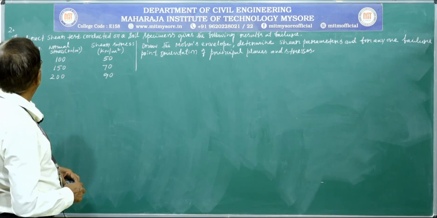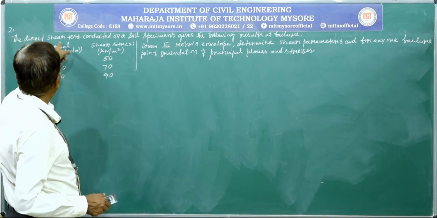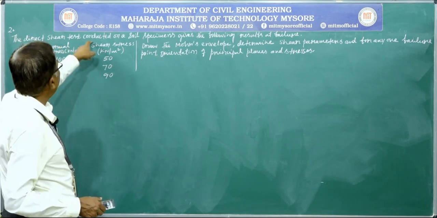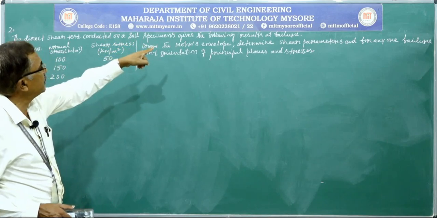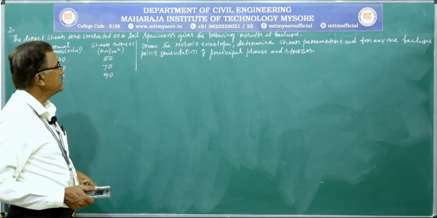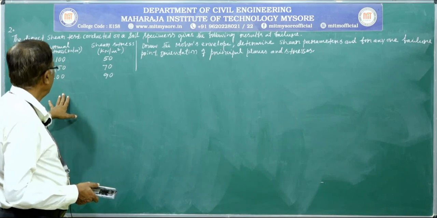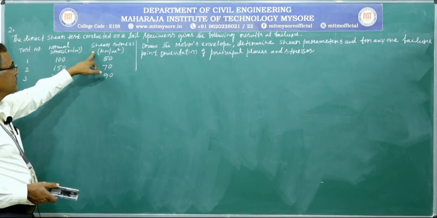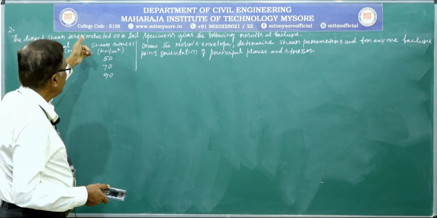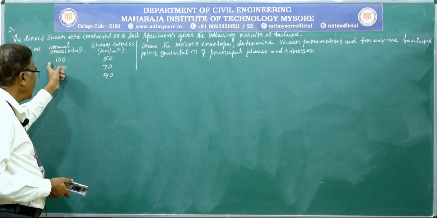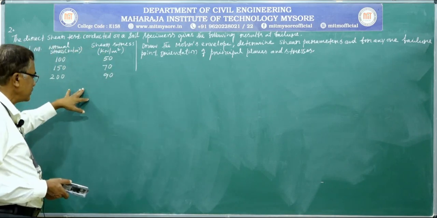Now, the direct shear test conducted on a soil specimen gives the following results at failure. Normal stress is given, shear stress is given. Failure taken place due to the critical combination of this normal and shear stress.